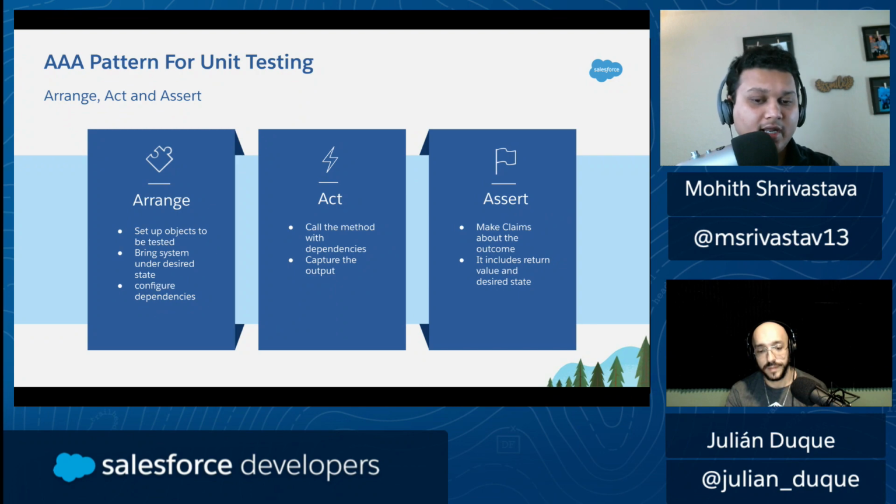You first arrange: you set up the objects to be tested, you configure your desired state, you configure your dependency. Then you act upon it: you call the method with the dependency and capture the output. And then lastly, assert, which is our expectation, what we've been calling expected values. So we assert or make claims about the outcome. Whatever the returned value or the desired state is, we make sure that it is exactly what it is supposed to be.